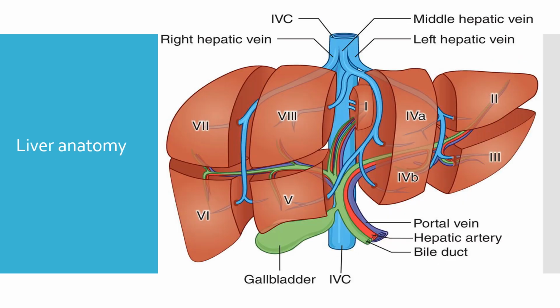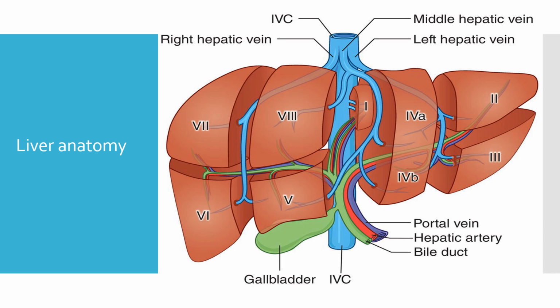So the liver anatomy, the liver is located in the right upper quadrant of the abdomen. It sits just below the diaphragm. It extends from the left to the right underneath the ribs. It's shaped like a wedge. It's got 4 lobes and 8 segments, and you can see them on the diagram.